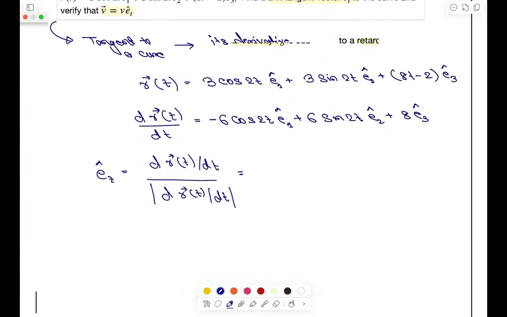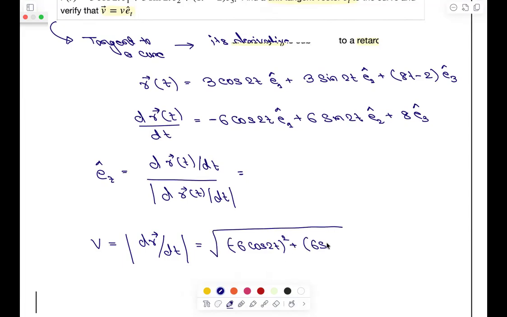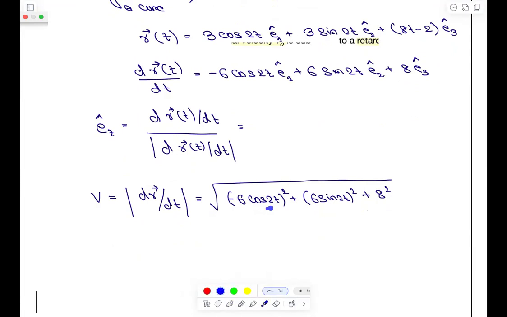So now let's define v is equal to dr by dt. So let's find it out here. So it is root under minus 6 cos 2t whole square plus 6 sin 2t whole square plus 8 square. Now you know that cos square theta plus sin square theta is equal to 1.